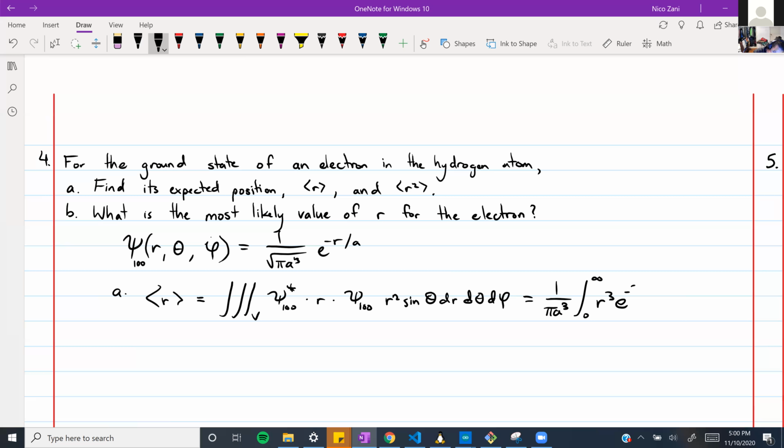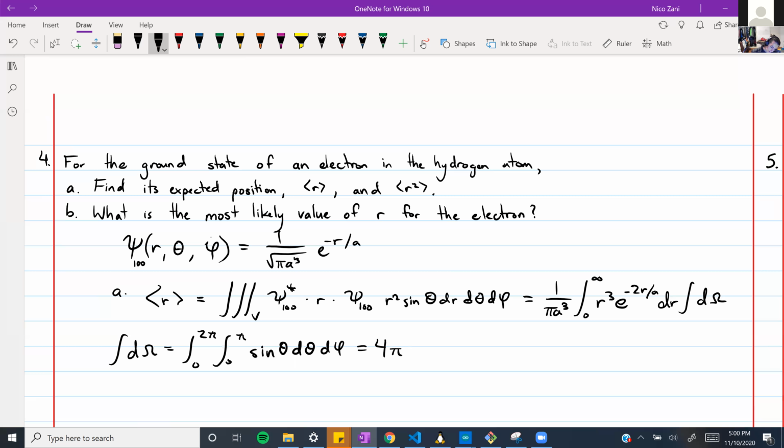times e to the negative 2 r over a. And then this is dr. And then this, I'm just going to say, is the integral of d omega, where omega is the solid angle, aka just that this integral right here, the integral from 0 to 2 pi, 0 to pi of sine theta d theta d phi, is just 4 pi.